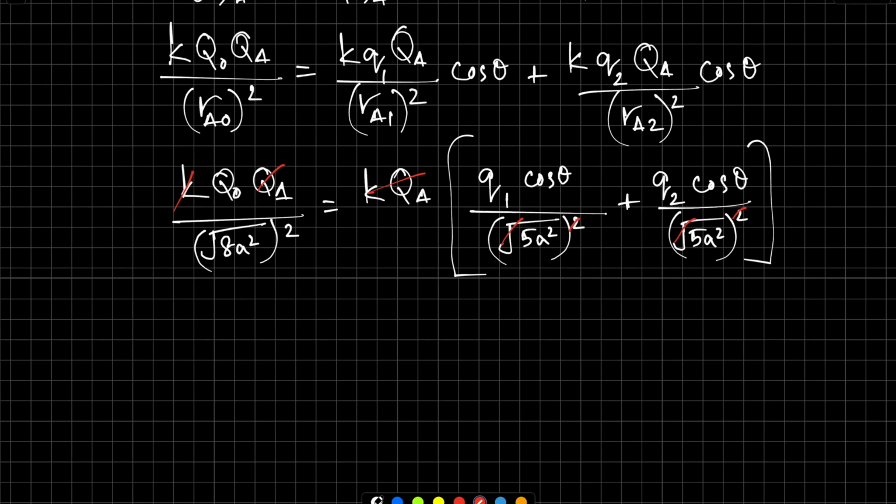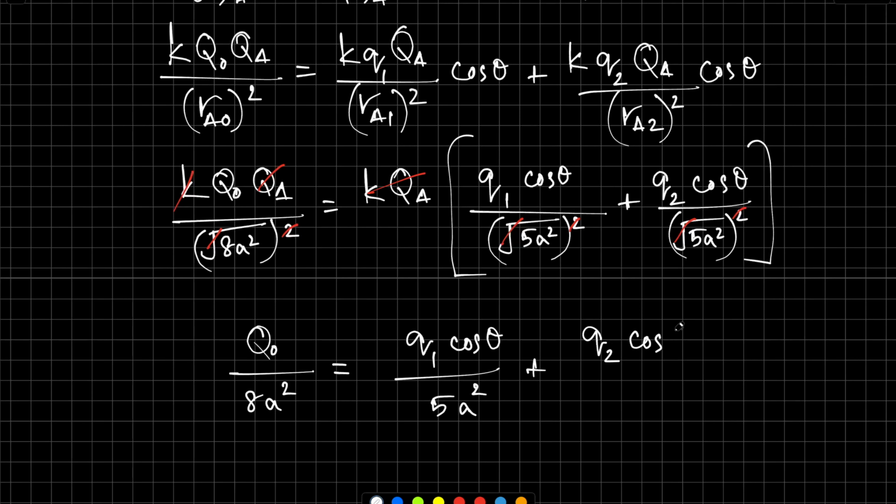So on the left side we have Q0 over 8A square equals Q1 cos theta over 5A square plus Q2 cos theta over 5A square.